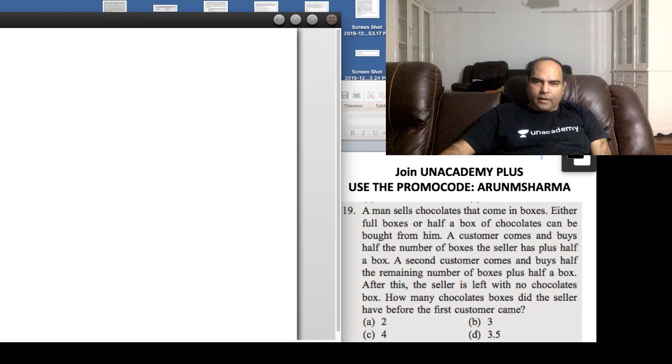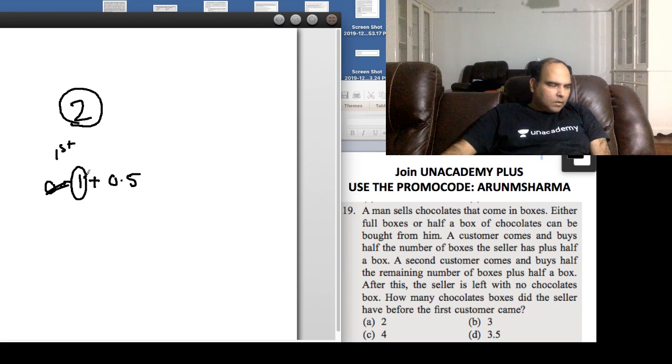because in this case you can simply do a small trial and error. So if you try with 2 boxes, for example, the first customer will buy half of what he has plus half a box. Half of what the seller has is 2, half 1, and plus half a box is 0.5.